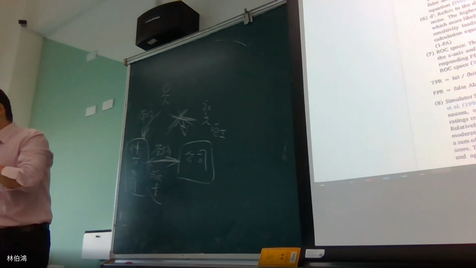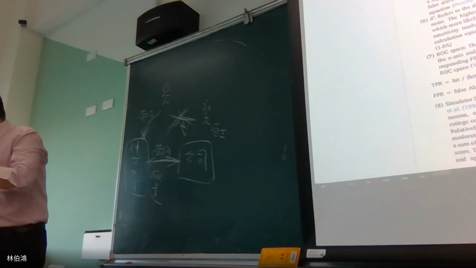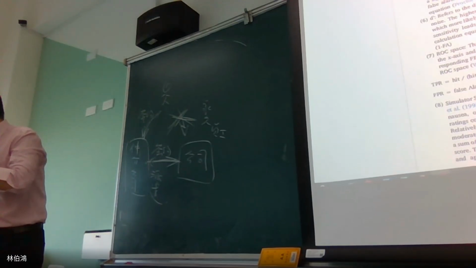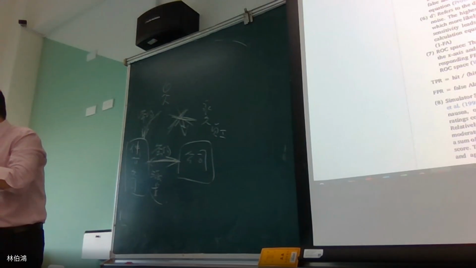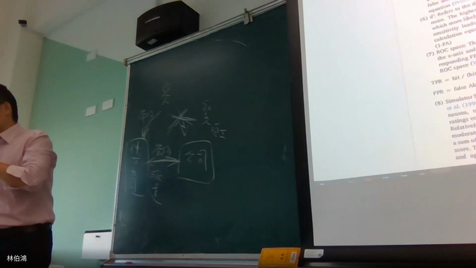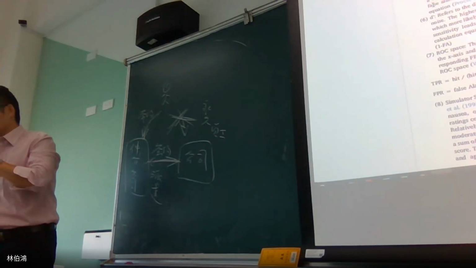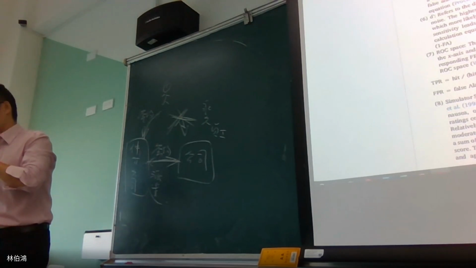So if the beta is smaller than 1, the probability of the existence of the signal increases, thereby increasing the possibility of false alarm occurrence.